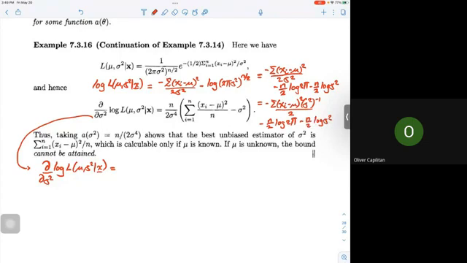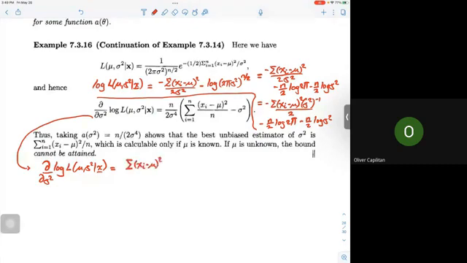It's still here. Okay, so the negative of negative, so we have positive summation of x i minus mu quantity square.